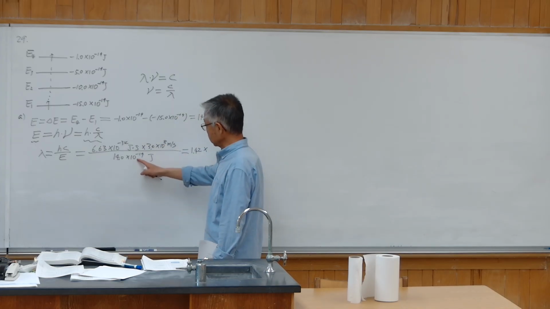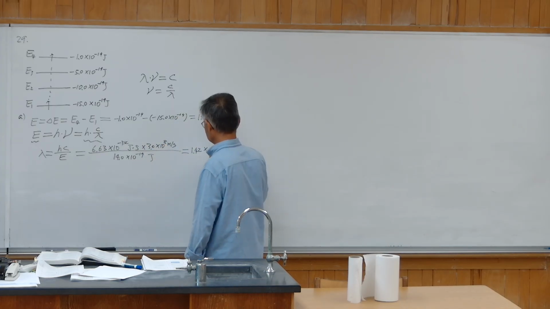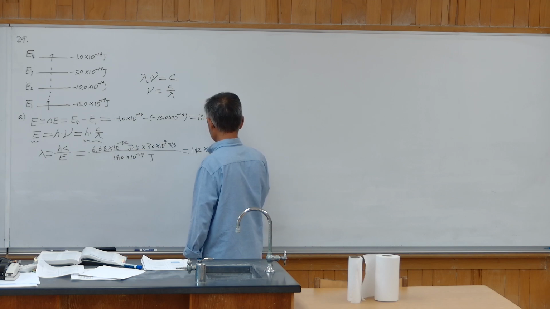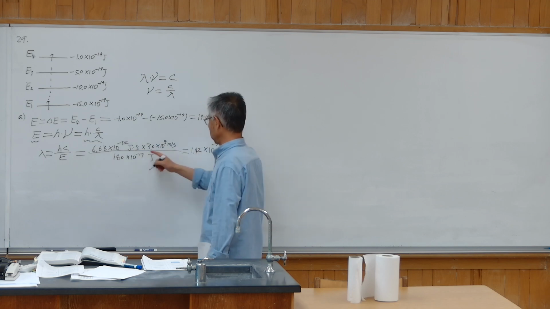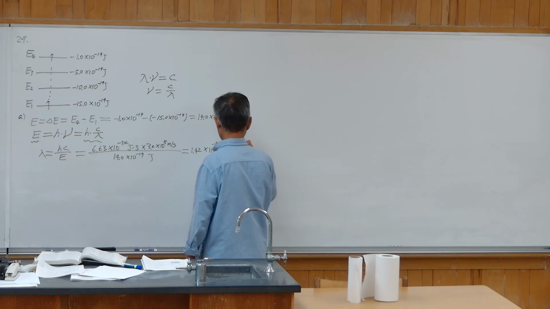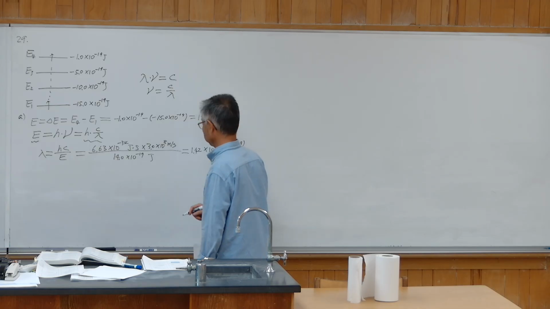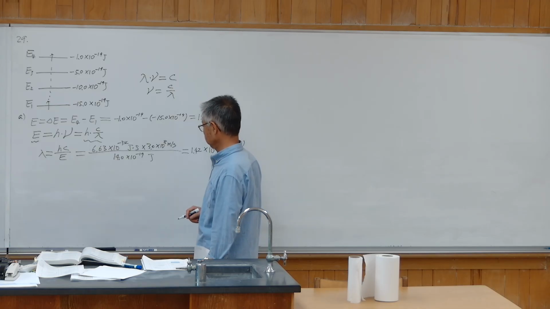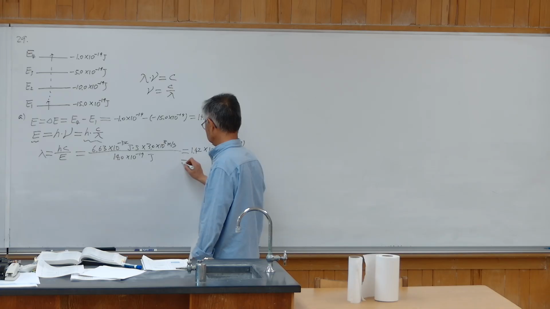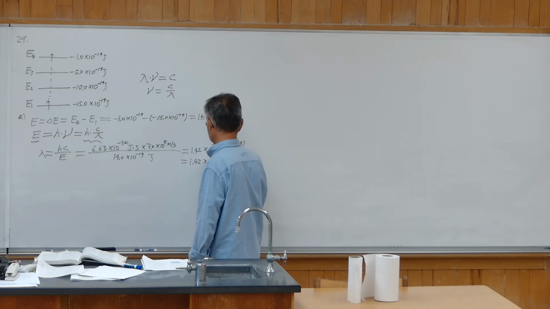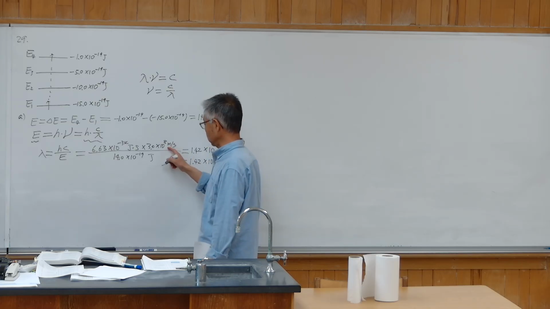Division is minus, so minus negative 19. Negative 34 plus 8 minus negative 19 is negative 7. So 1.42 times 10 to the negative 7. Unit is meter.